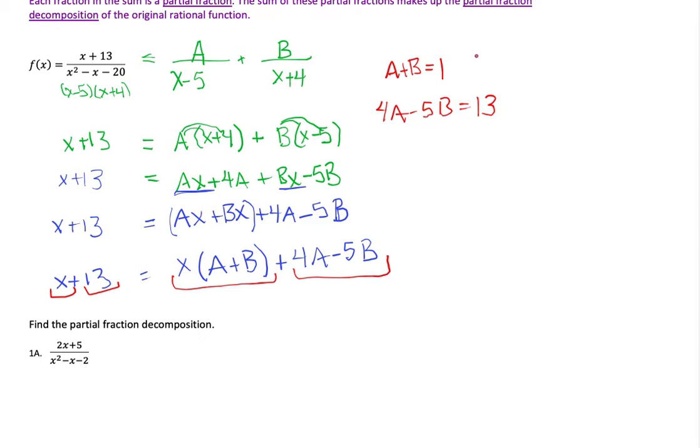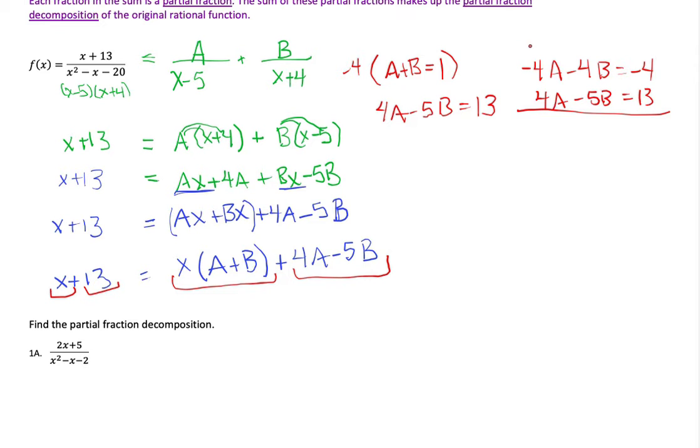The next thing is to just solve. You have 2 unknowns and 2 equations, so you can solve this however you like. If you want to put them in matrices like we've been dealing with, go for it. I think I'm just going to multiply this top one by negative 4 and then add them together. So I have negative 4A minus 4B equals negative 4. That I'll leave the same: 4A minus 5B equals 13.